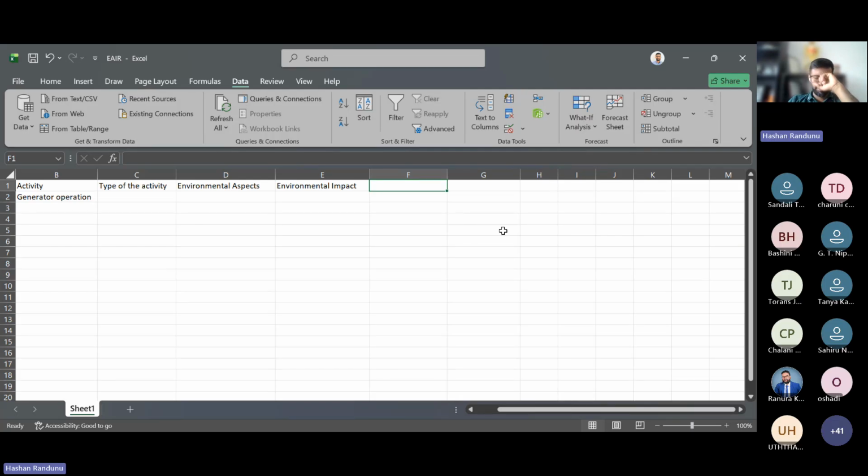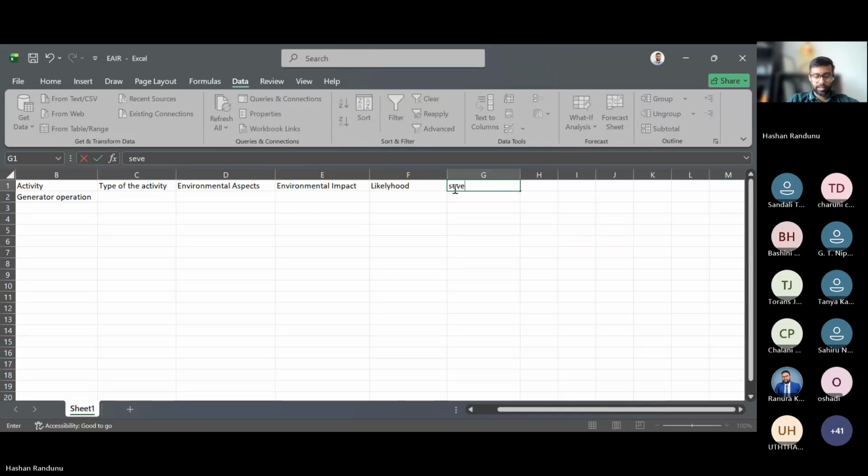So let's use a simple criteria to identify the significant environmental aspects, like likelihood and severity, right?